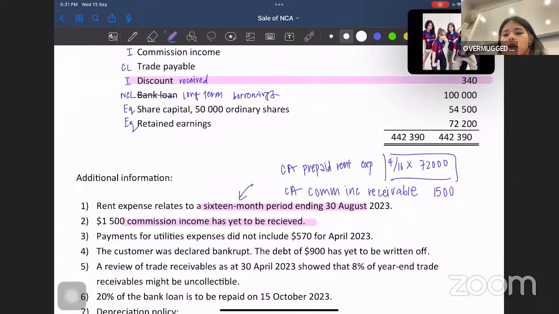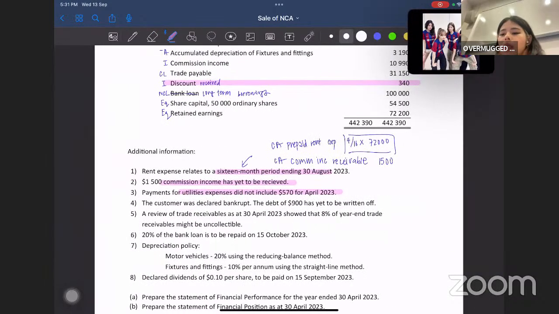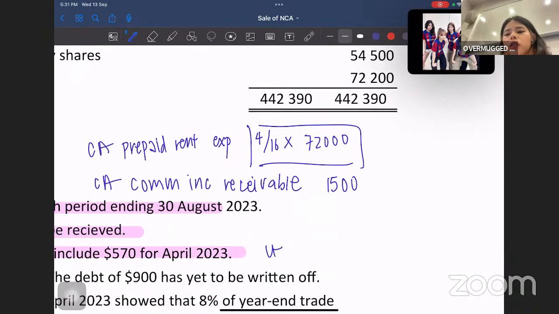Okay, third one, utilities did not include for April. So my year end here is April, right? And they say that we didn't include for April, which means we didn't pay for April. So what could this be? Utilities expense payable. Okay, I didn't pay for April, so I'm owing, right?